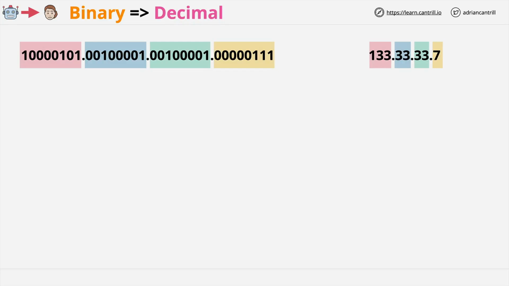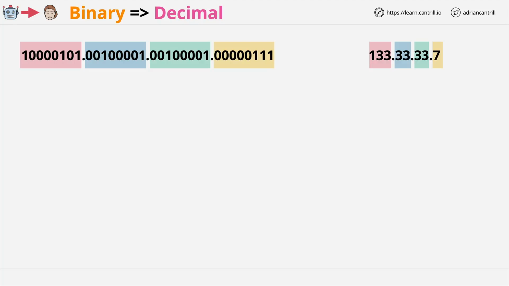So each decimal part between the dots represents the corresponding 8-bit binary value. So I've coloured these in red, blue, green and yellow, so left, middle left, middle right and right. So this is one and the same. They're the same IP address expressed in binary on the left and decimal on the right.